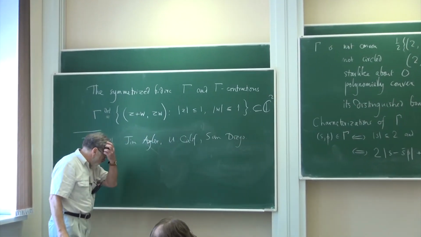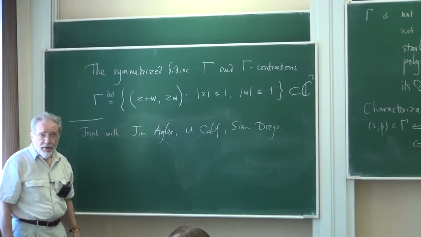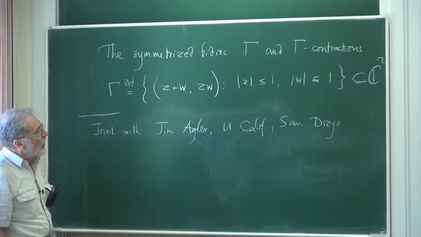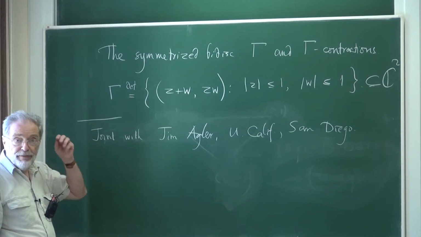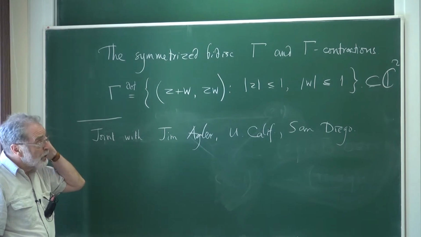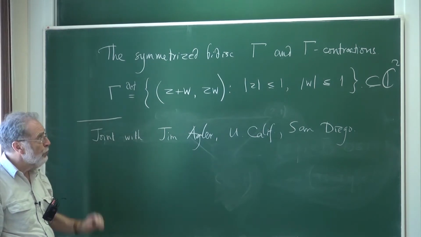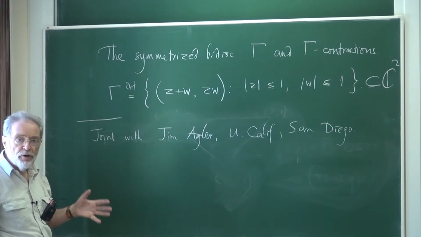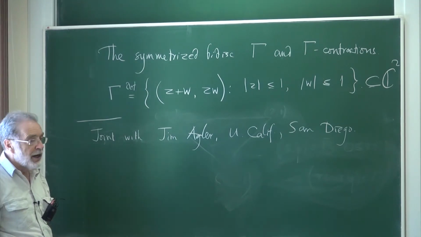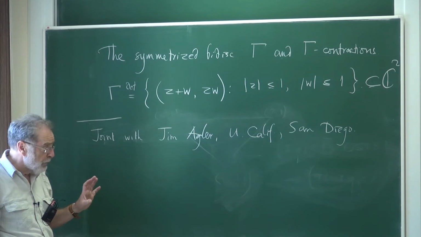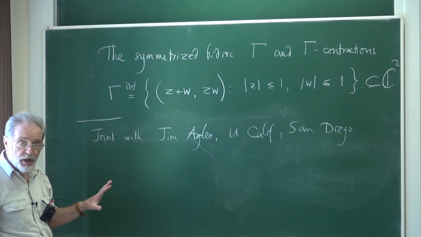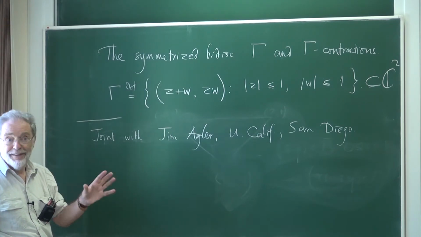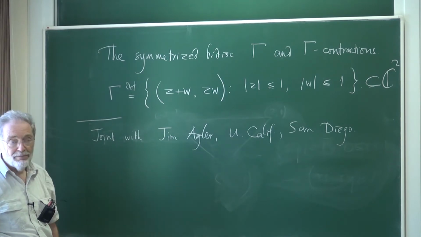And we started around 1999 studying the function theory of gamma in connection with a problem that arises in control theory. We wanted to try and solve a version of the Nevanlinna-Pick problem in which you're looking for functions which are analytic in the disk, but with values not in the disk, but in gamma.